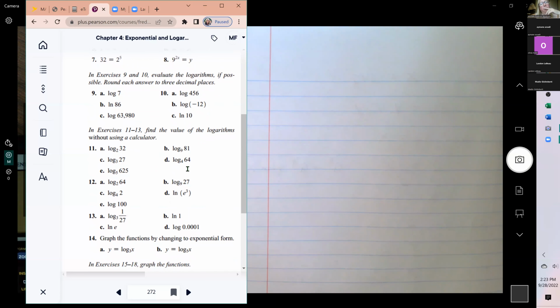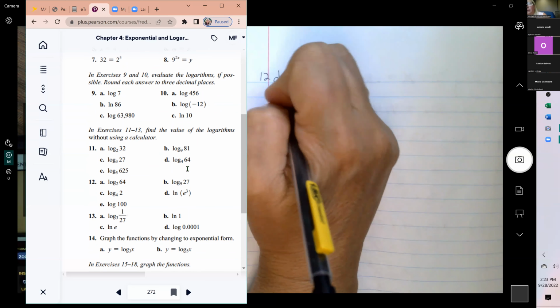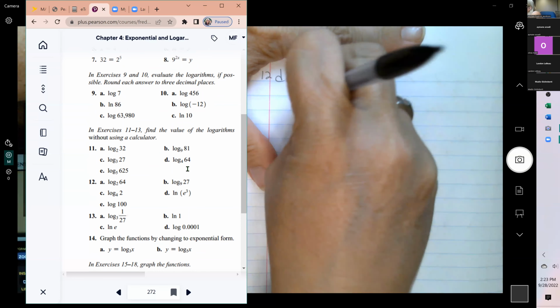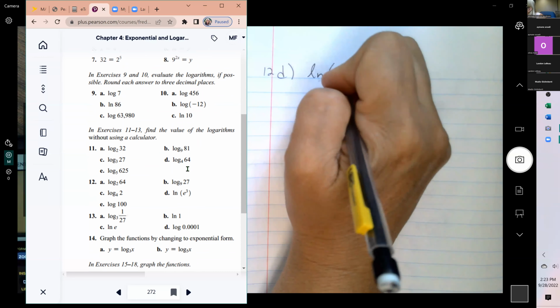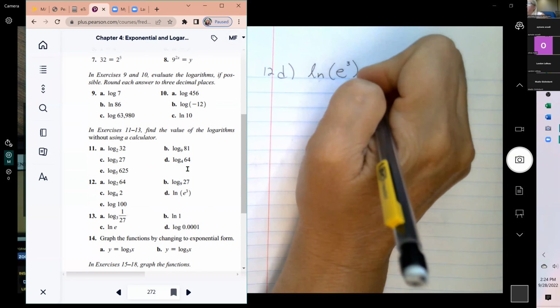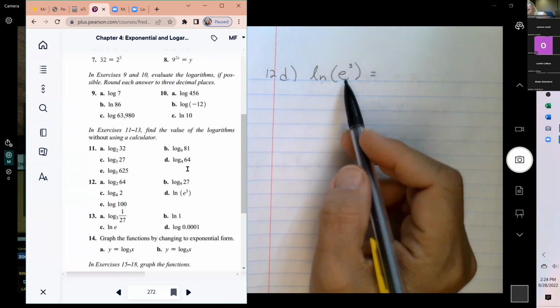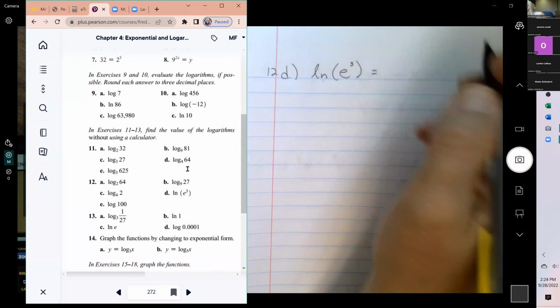Okay, 12D. When you have the natural log and the exponential, they cancel each other. And it's 3.